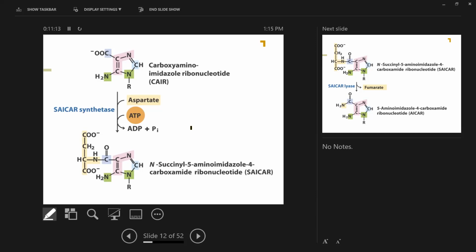This enzyme has a lot of affinity in terms of structure, in terms of mechanism to the argininosuccinate synthetase. So notice how biochemically we're using a very similar strategy with an enzyme that has a lot of similarity.